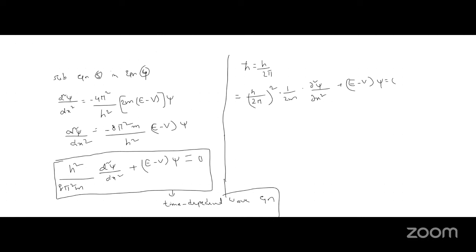H by 2 pi I am writing as h dash. So h dash square by 2m times dou square psi by dou x square plus E minus V of psi equal to 0.